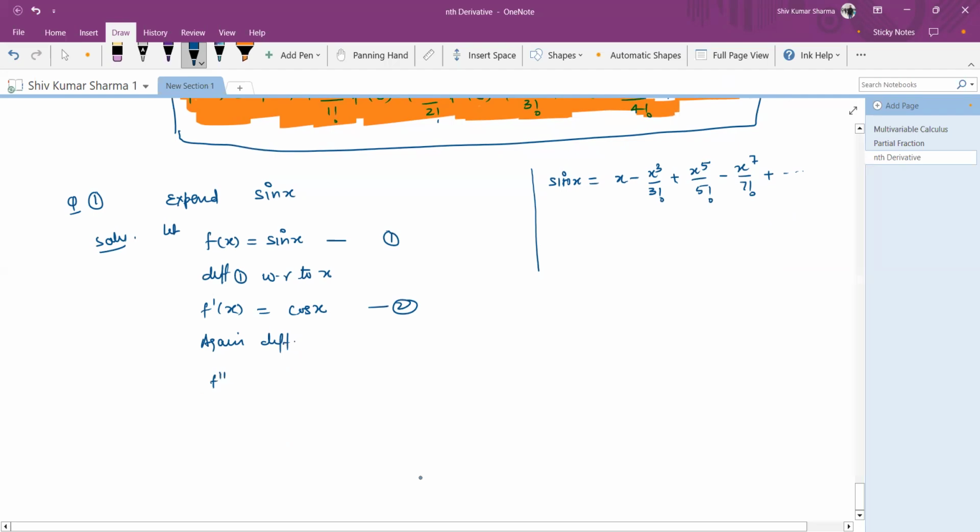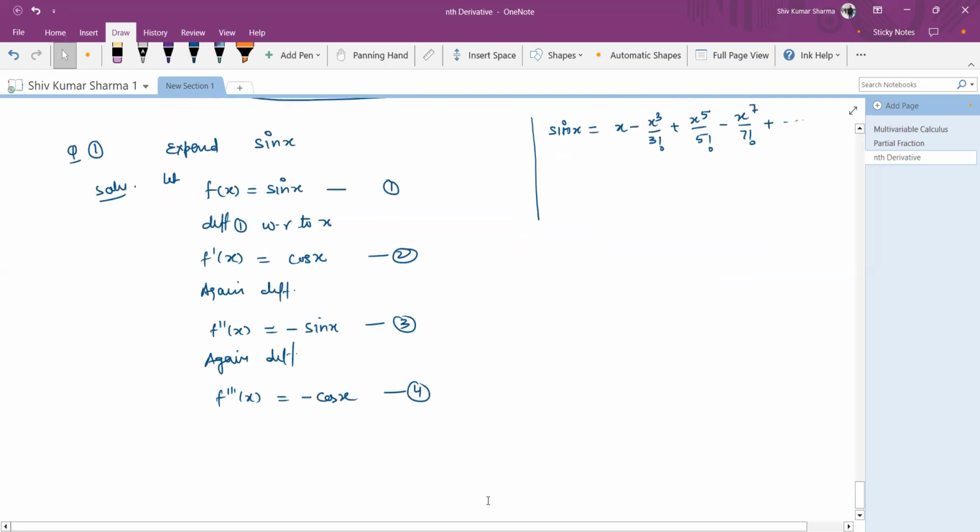So f double dash x, differentiation of cos x, is minus sin x. This is equation number 3. Again differentiate with respect to x. So f triple dash x is equal to minus cos x. Differentiation of sin x is cos x and minus sin is negative cos.